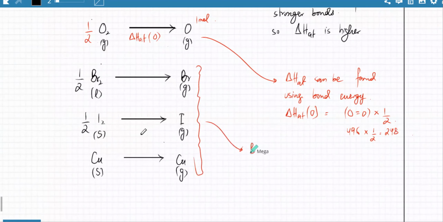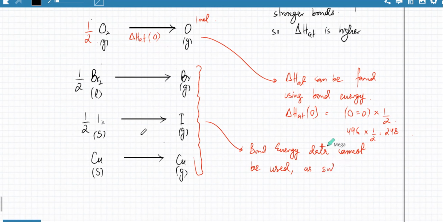So bond energy data cannot be used as it is defined for gaseous substances only.